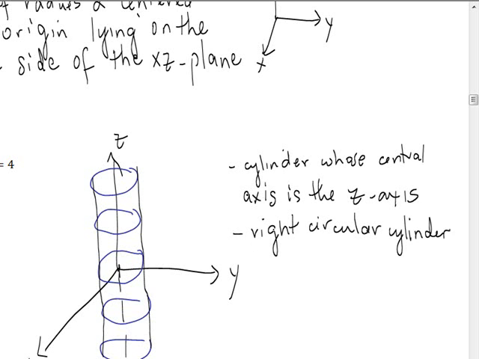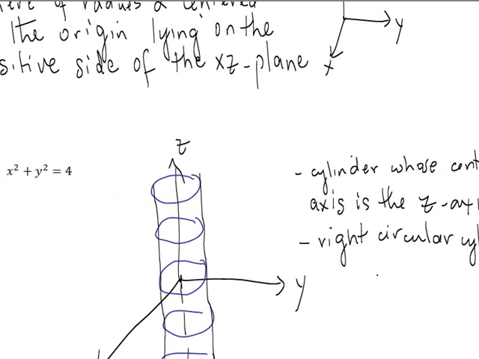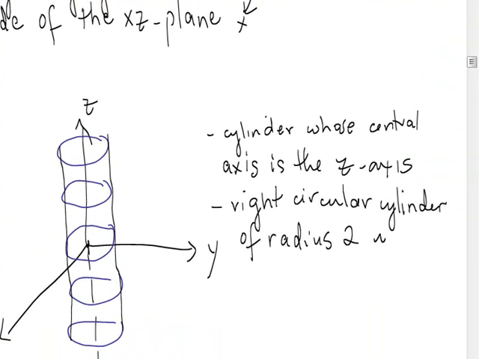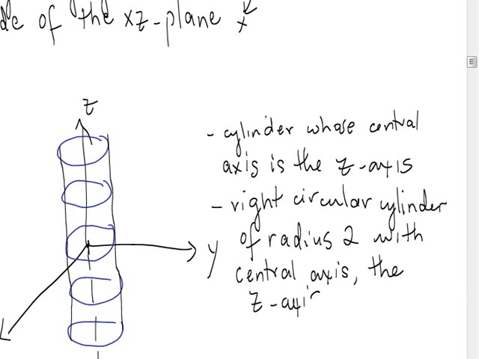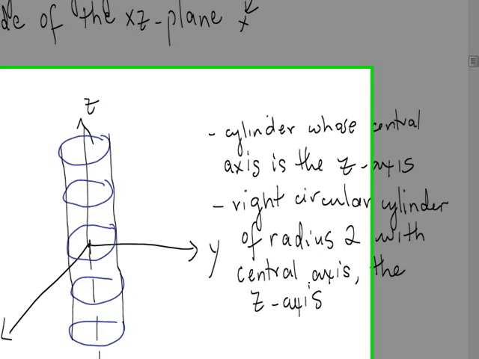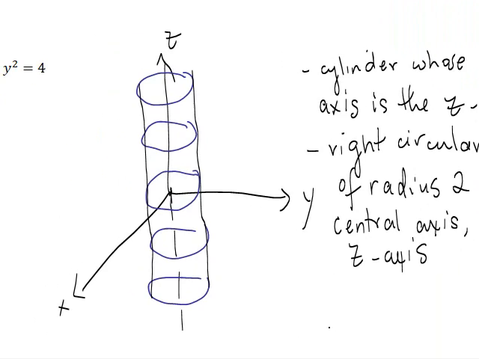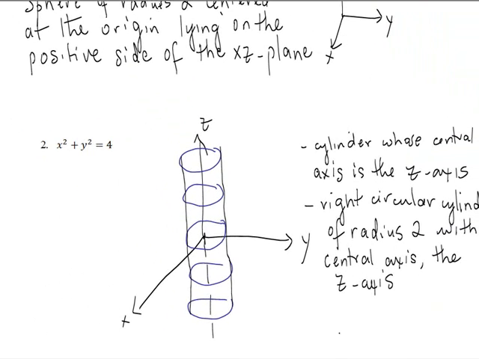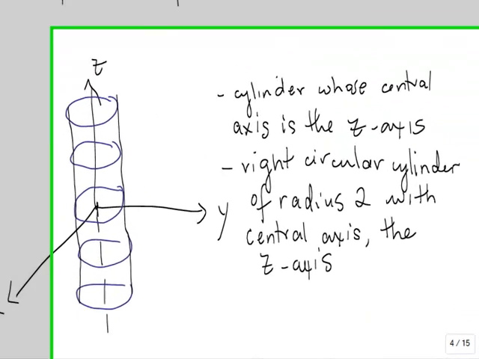We didn't speak about the radius, so let me just say right circular cylinder of radius 2 with central axis the z-axis. Okay.